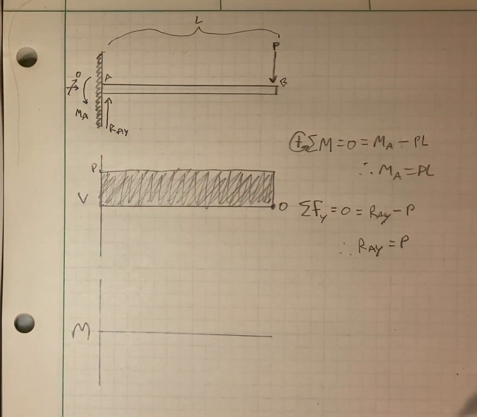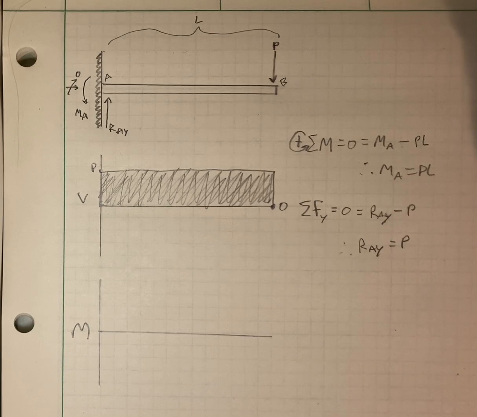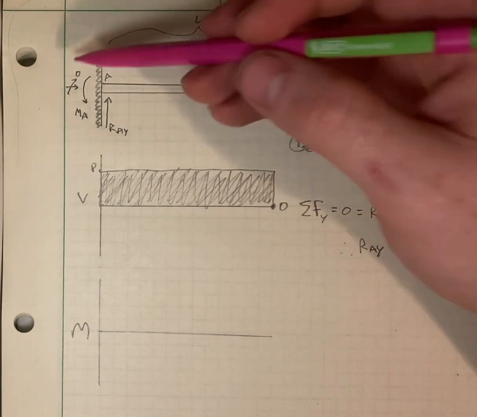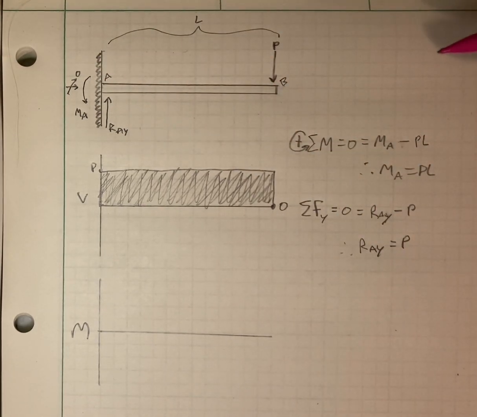All right, so now time to do the moment diagram, right? So we start with the moment at A, working left to right, and there's no other moments along the rest of the beam. So let's put that on there.